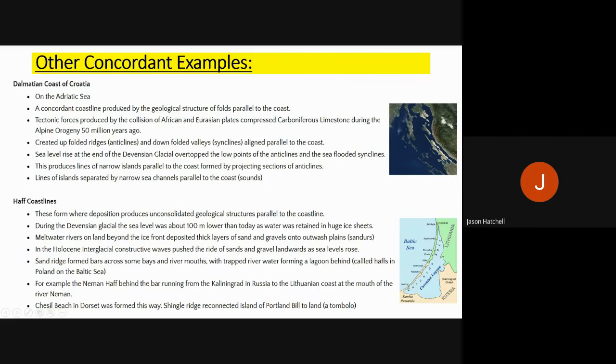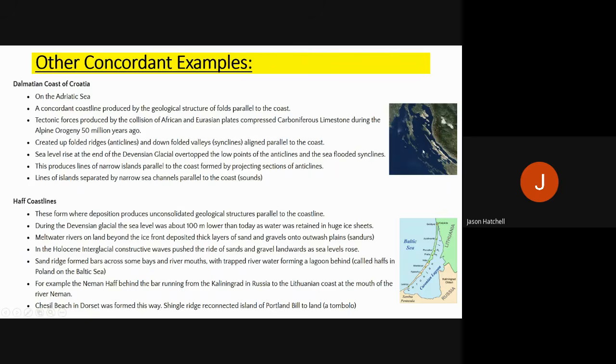So, a Dalmatian coast, like in Croatia, is actually a coastline that has formed because of what are called anticlines and synclines, which are ridges and valleys. They've been formed over millions of years due to the harder rock that you can see on the satellite image here on the right.